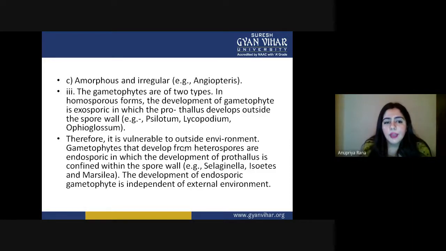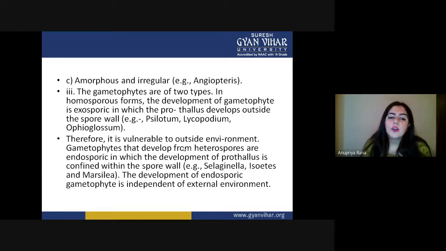That's why the gametophytic stage developed by the heterospores has endosporic development inside the spore wall. But homospores are strong ones. They can survive anything because they come from the same background and know how to deal with everything. Heterosporous ones feel they are somewhat unusual, so they think it is good to germinate inside.